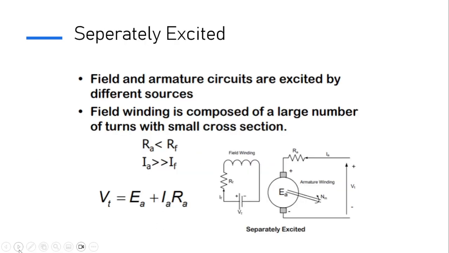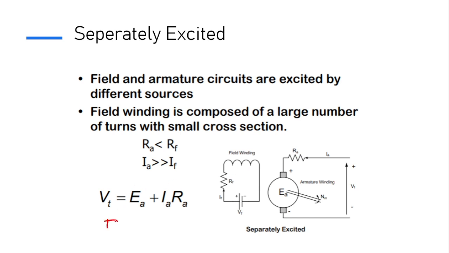Let's keep chugging along, right? So separately excited means that the field winding and the armature winding are supplied by separate supplies. But the equation itself always comes from the circuit or the piece that EA is in, right? So in this case, this is VT. So VT will be EA plus the losses across your RA resistor, which is basically KVL.